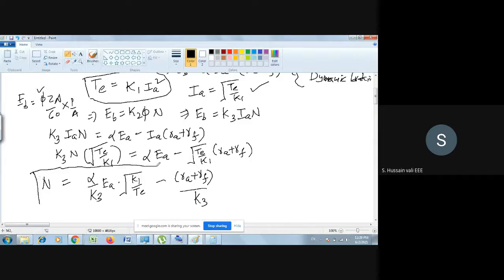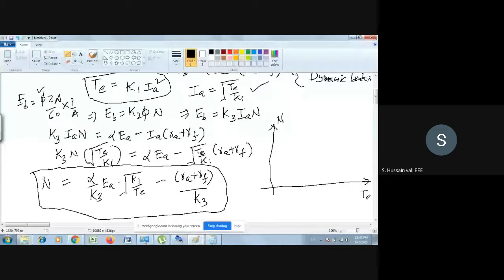We will draw the graph here between speed and torque. I hope you remember that the motoring condition is the first quadrant, so I put it in the first quadrant. If I put T equal to 0, speed becomes a very large value, infinitely large.